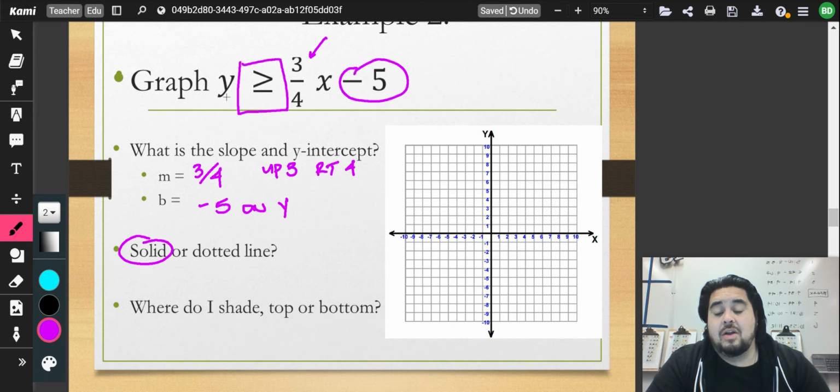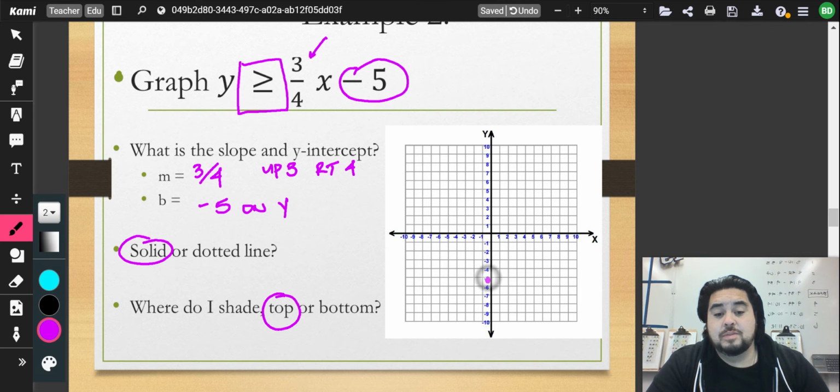Greater than means that all of the solutions that are going to work, all the points that could work to make this inequality true, are above the line. So we're going to shade on top. All of the area on top of the line will have the points that make this inequality true. Okay, now that we have all the information, we can go ahead and graph. We're going to start at -5 on the y-axis.